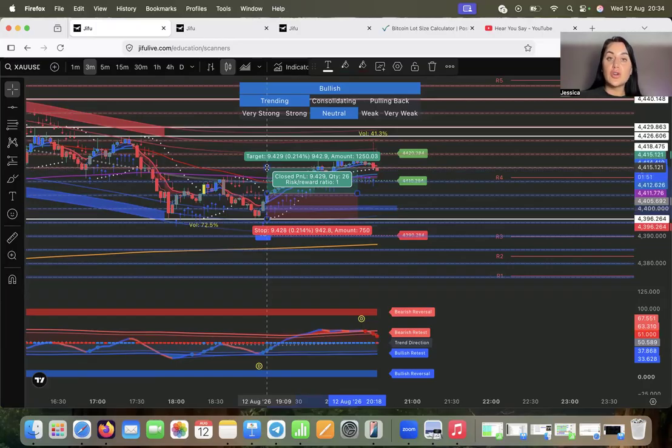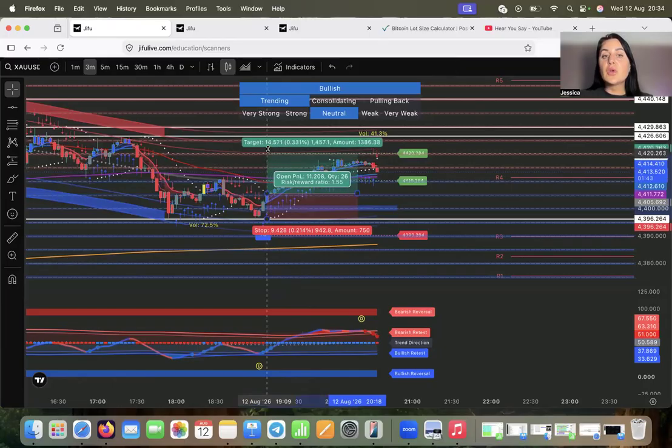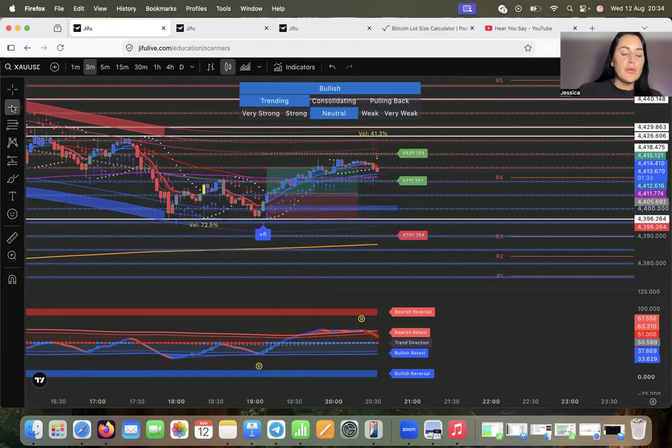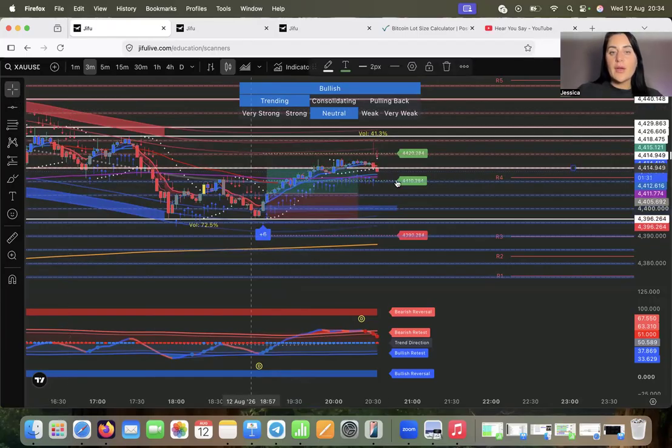You're doing them for yourself. As you can see here, risk/reward ratio 1, all I've done is move the top of this box until I get 1. Sometimes it's a little bit temperamental.